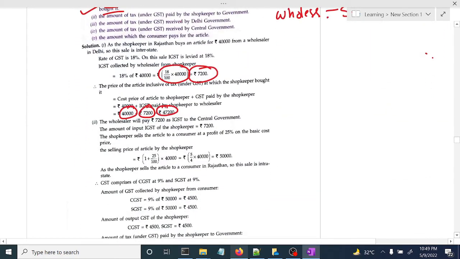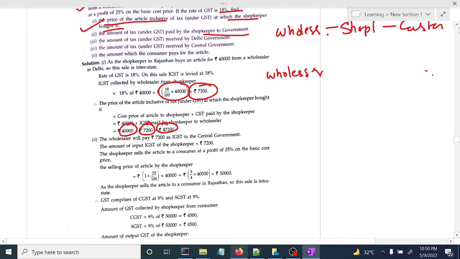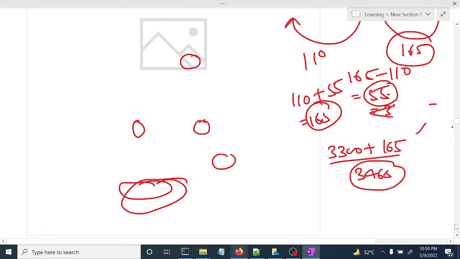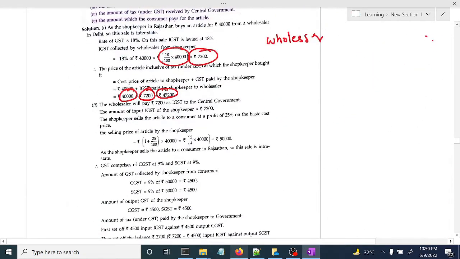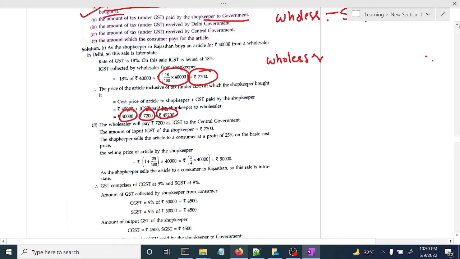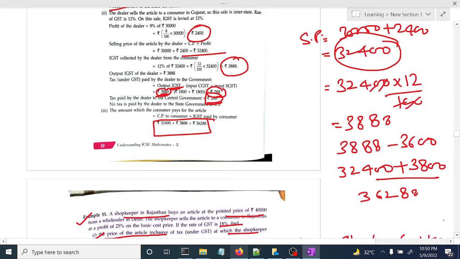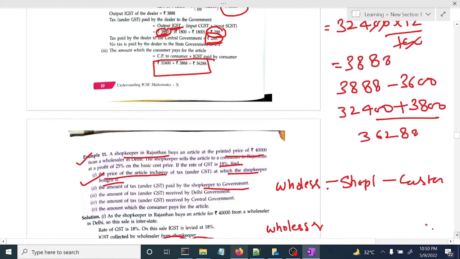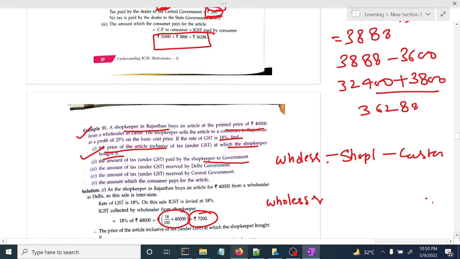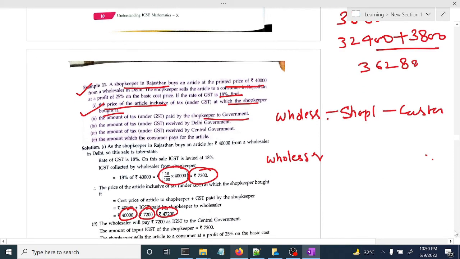The amount paid by the shopkeeper to the government. The wholesaler was in Delhi, and the shopkeeper is in Rajasthan, and then the customer is also in Rajasthan.